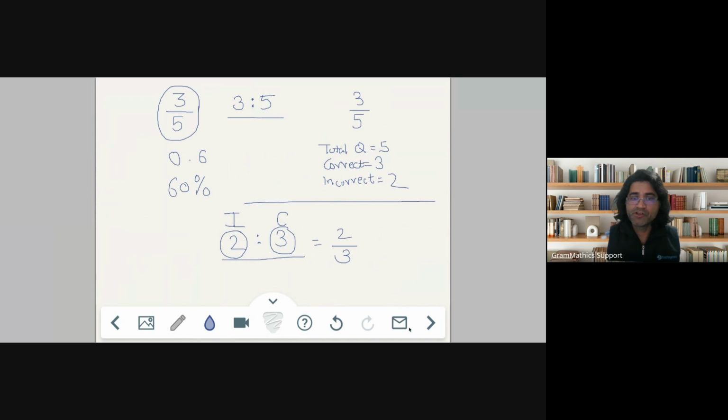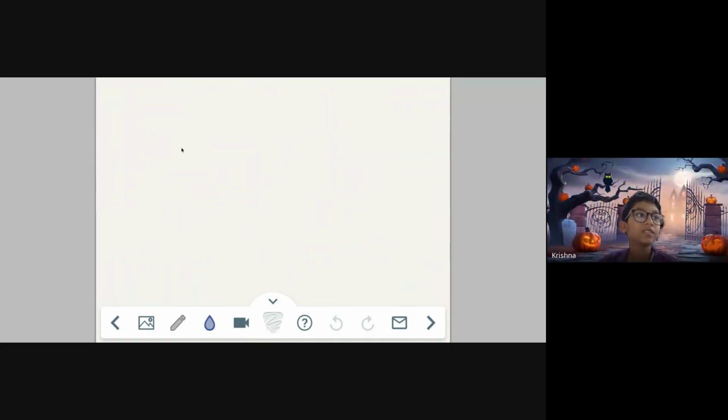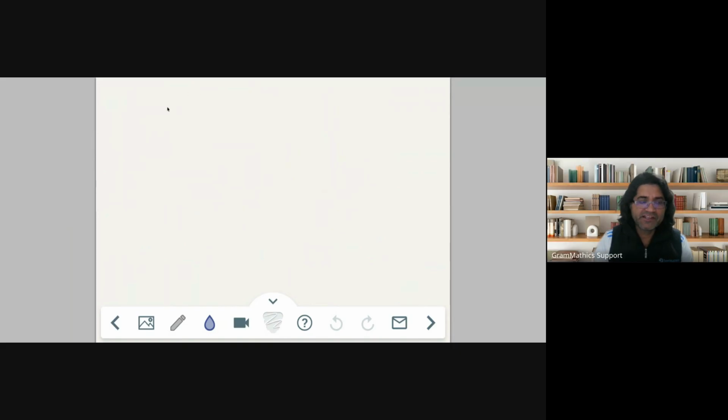Okay, before I go to the problem, I'll just give you another example of how we do it. You know simple fractions? What is a simple fraction? If I was writing a fraction, say 14/21, is it a simple fraction?